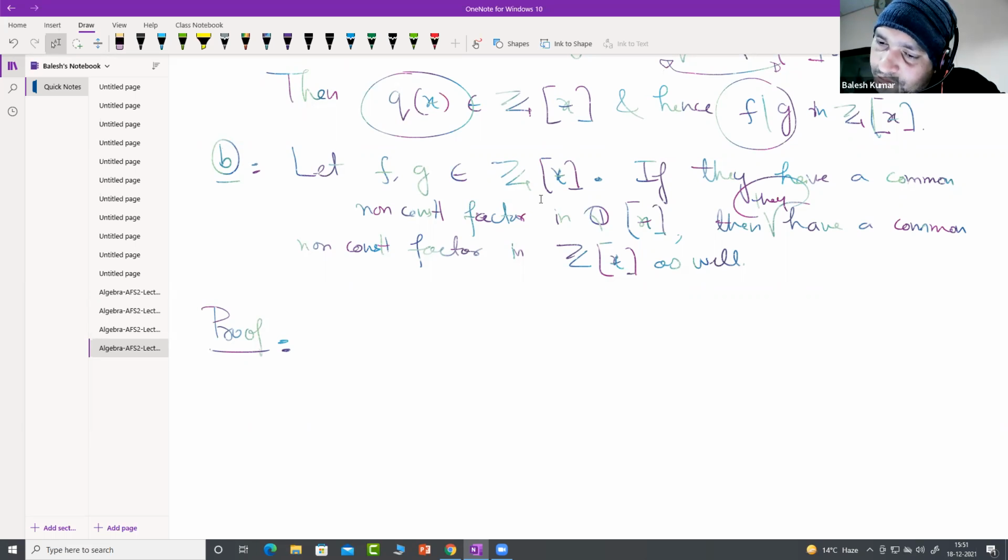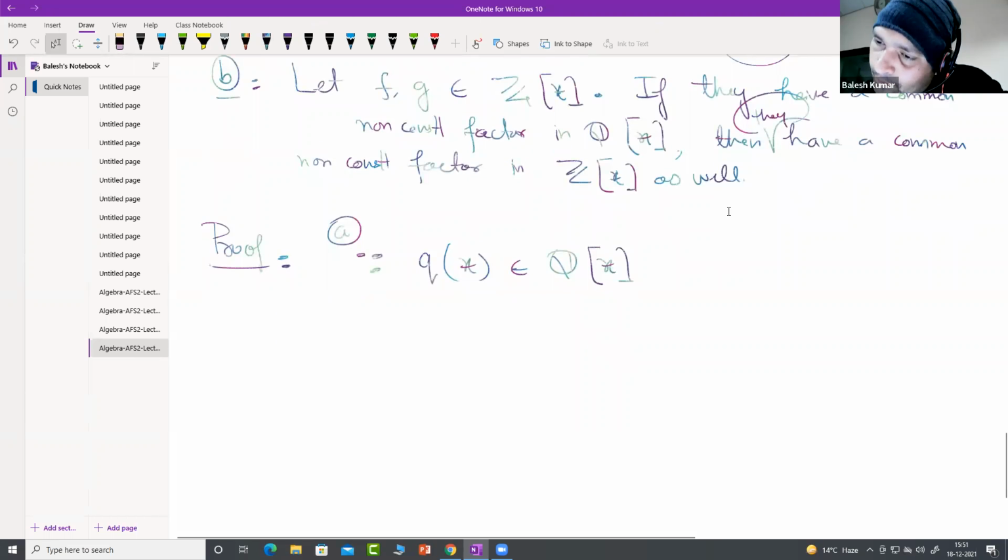Since we are given that q of x belongs to Q[x], we can use the above lemma to write it in terms of a primitive polynomial.